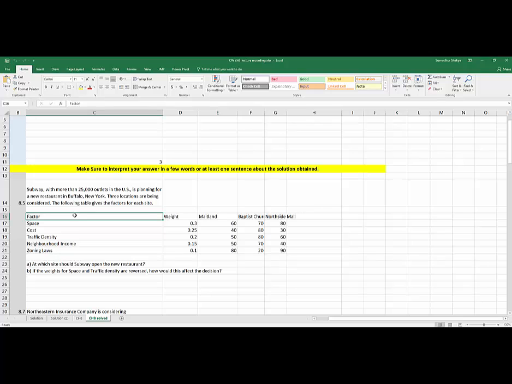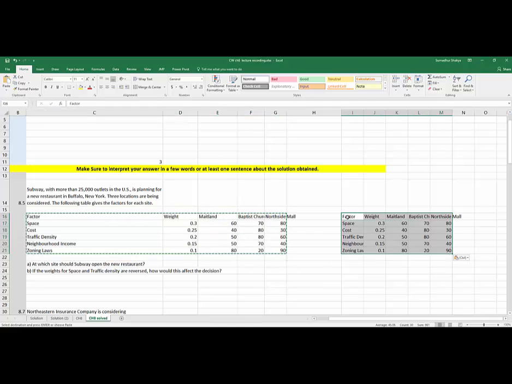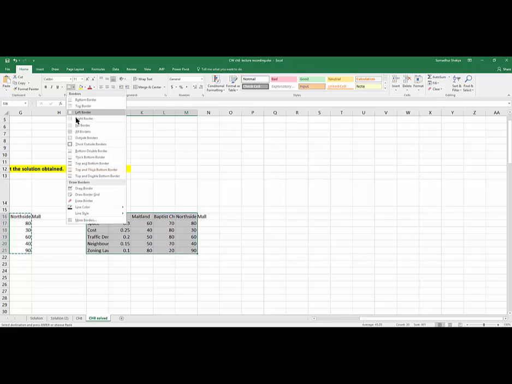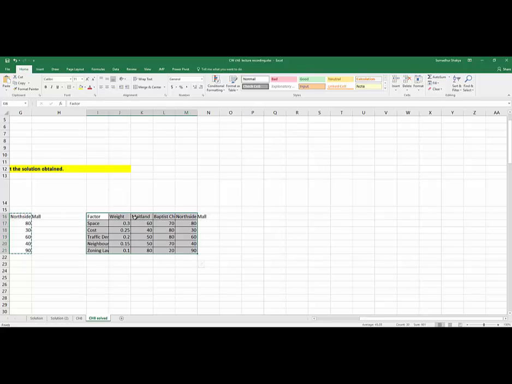So let us see how we can solve this problem, wherein we are given three different location choices. Let me copy and paste it here. Okay, so now we have three different locations for opening a new Subway restaurant, and let me bring this to wrap text.